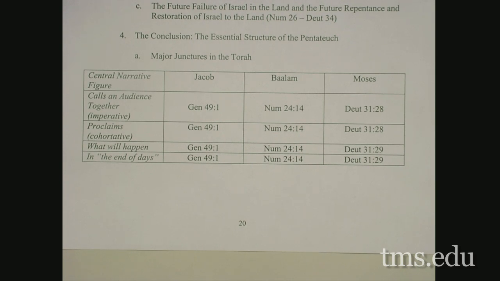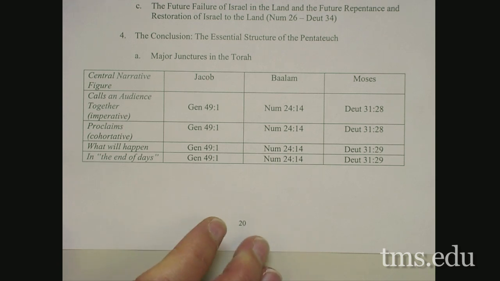What Sailhamer shows is that there are three similar grammatical structures, which come at concluding points in the Torah: Genesis chapter 49, Numbers chapter 24, Deuteronomy chapter 31.